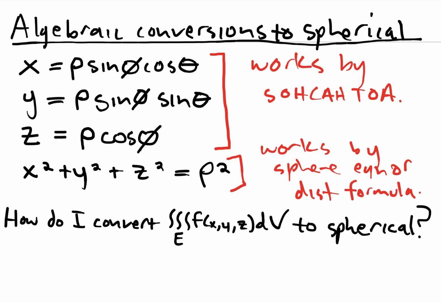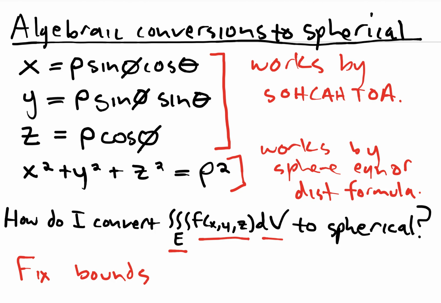Well, I told you guys to get used to me saying this for the rest of the semester. If I'm worried about converting a triple integral to spherical, there are 3 things that I have to fix. We are going to have to fix my bounds.